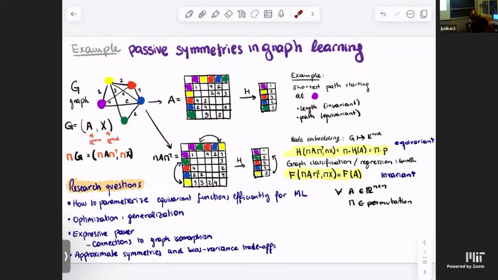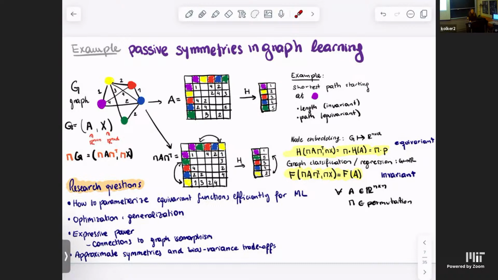If I apply a permutation to the adjacency matrix and to the node features, the embedding that you learn is permuted as well. So permuting rows and columns here corresponds to permuting the embedding that you learn. That is an example where you act by the same group, but the representations in the input space and the output space are different.